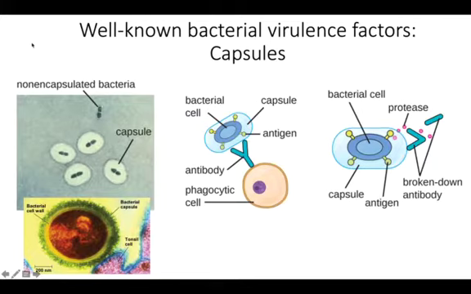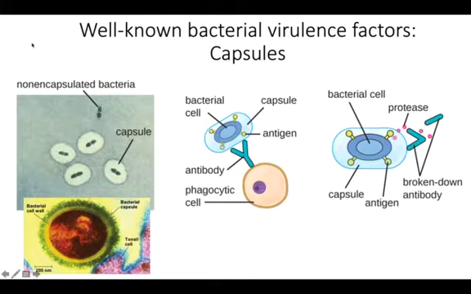So some of the bacterial virulence factors, one in particular, a well-known one, is your capsule. If you see in that picture, we've got some encapsulated bacteria. They actually are diplococci. And then you've got a non-encapsulated bacteria. Remember, capsules are like a sugar coating around some bacteria.